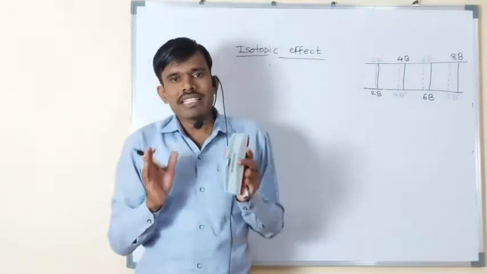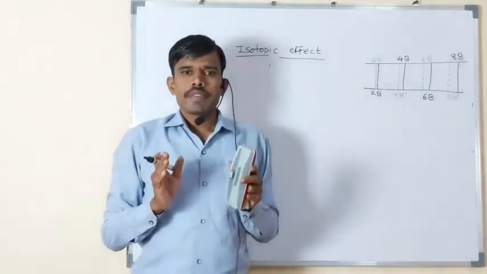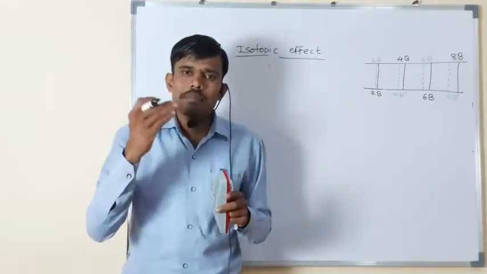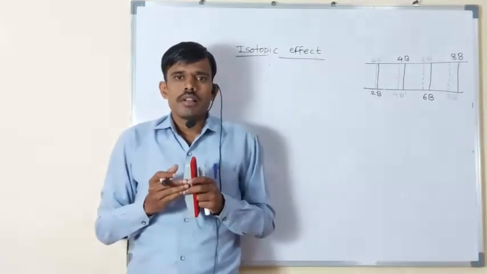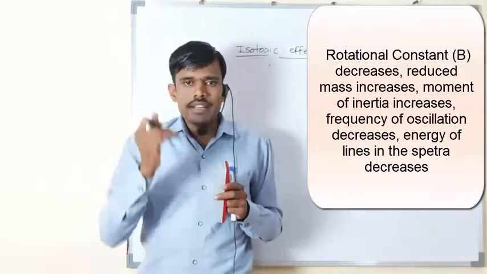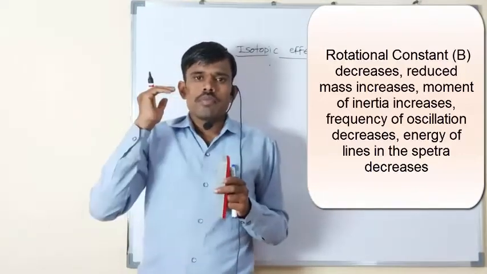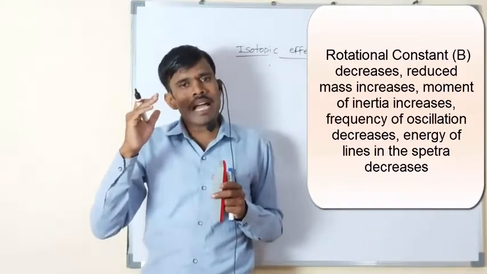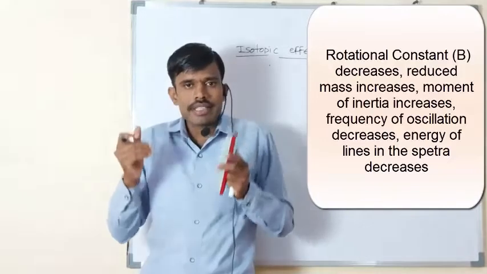You can consider a carbon monoxide molecule in which carbon 12 is replaced by carbon 13, and after replacement the B values or rotational constant values of the molecule will decrease. Due to this, reduced mass increases, moment of inertia increases. That means rotational constant B decreases.